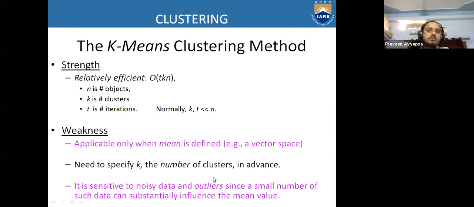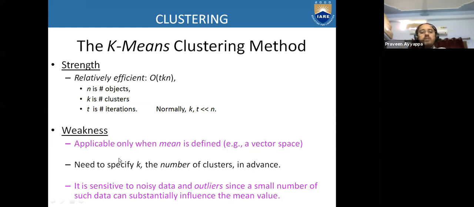The k-means clustering method is relatively efficient, where n is the number of objects, k is the number of clusters, and p is the number of iterations. The weakness: it is applicable only when the mean is defined, that is, in the vector space, and we need to specify k, the number of clusters, in advance.